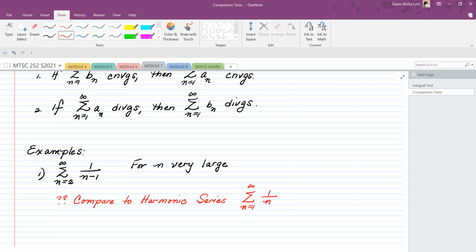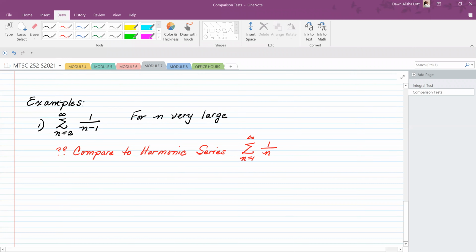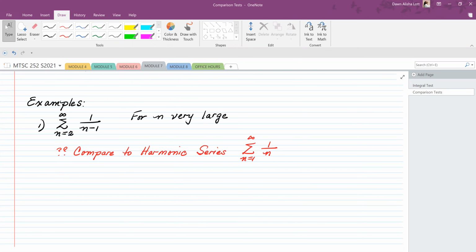But let's compare. So how do we compare these series? We need to be able to show that it's either less than something that converges or greater than something that diverges. Now, I already know that the harmonic series diverges. We proved that the other day. So let's look at this. We can start with n minus 1.